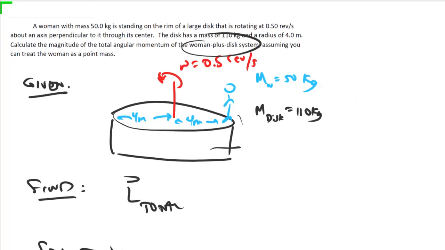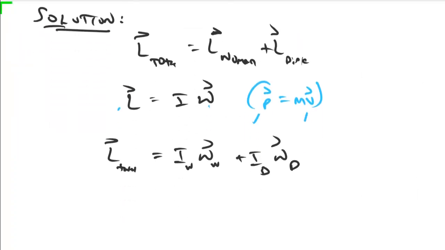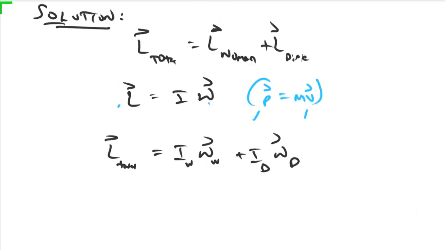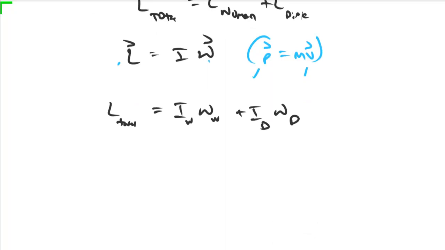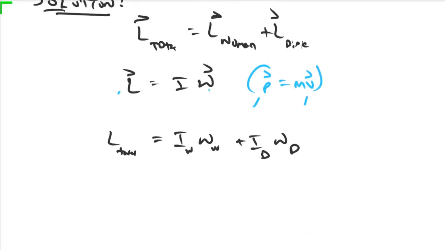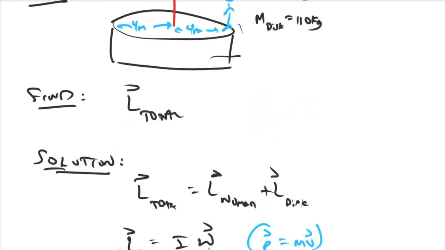They didn't tell us if it was rotating clockwise or counterclockwise, but they ask us just to find the magnitude of the angular momentum anyway. So if we're looking for the magnitude, we'll just treat all these angular velocities as positives, and just look at the magnitude only, because that's what they're asking us for.